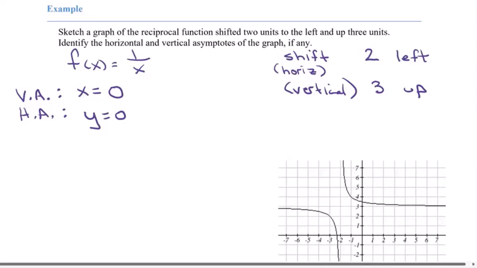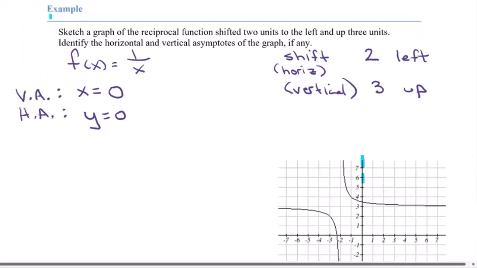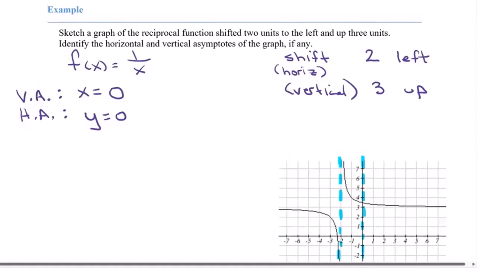So if our vertical asymptote is going to normally be right here, and I'm going to shift it to the left, it's going to move 2 to the left, and for our new function we're going to get our vertical asymptote is equal to x equals -2. We've shifted it to the left.